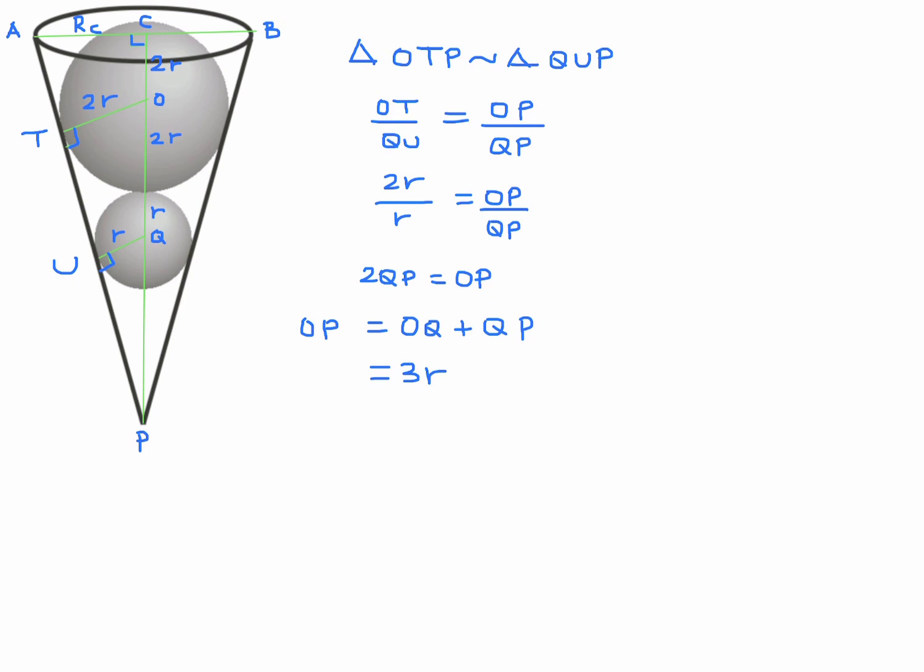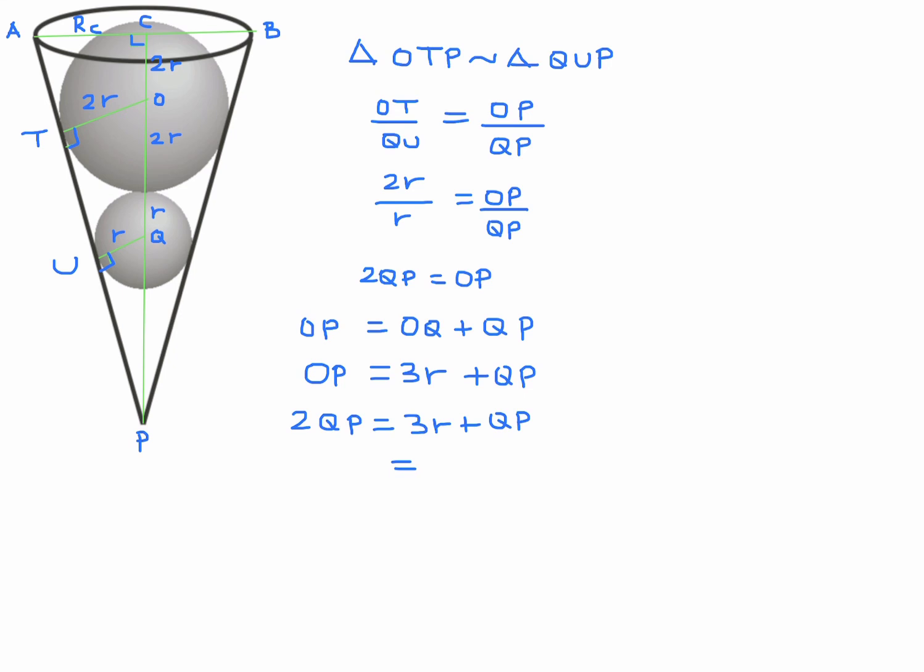And then QP I don't know yet, so I'll leave it there for now. But I know this relationship, that 2QP is equal to OP. So instead of OP, I'll put in 2QP. So 2QP is equal to 3r plus QP.